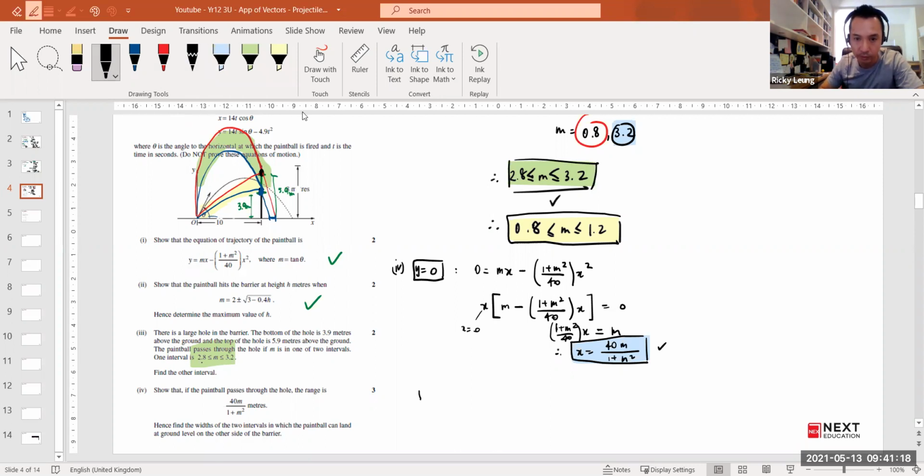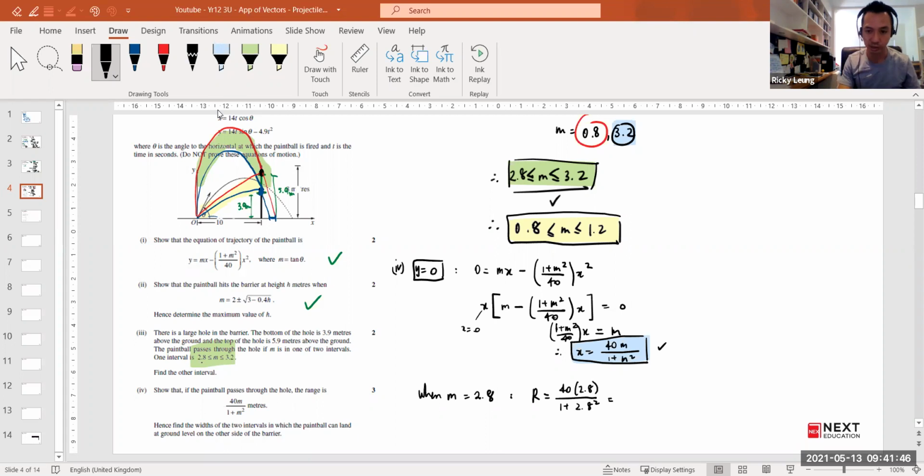Maybe I'll call this R, total range. Sorry, not x, when m, silly. When m equals 2.8, you get 40 times 2.8 over 1 plus 2.8 squared.